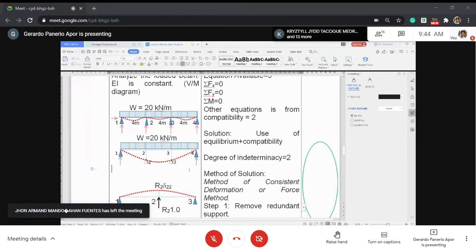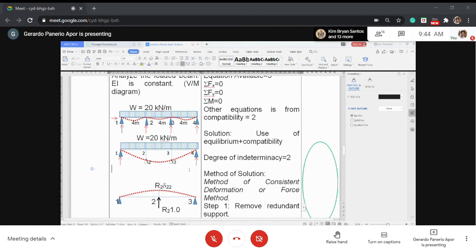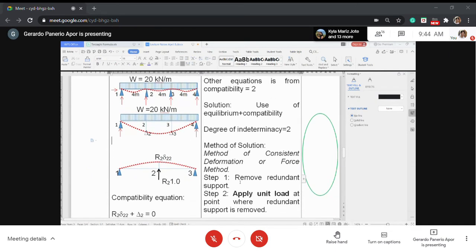There are boundaries which have known values. Okay. But for me, I'm just going to use what we call that table. No? Table. Okay. So that's what I do. Remove two redundant supports.